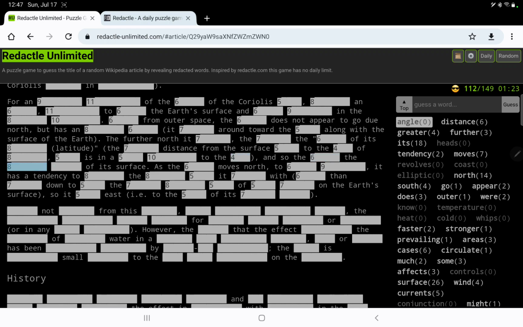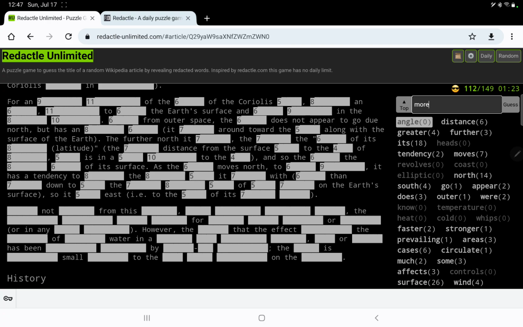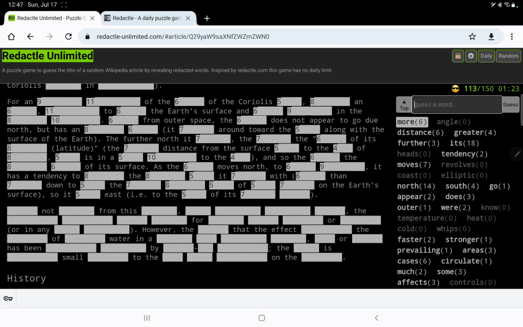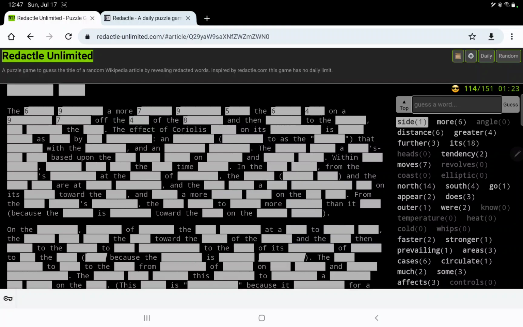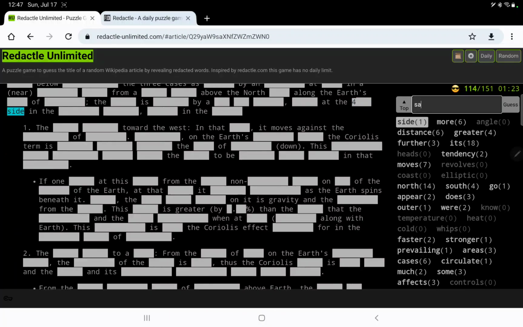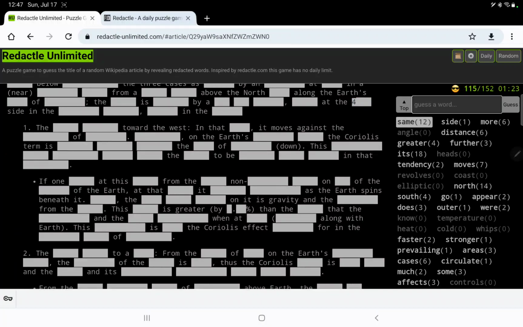And so the 6, and so the more, no, there are 6 mores. Off the 4 of the 8 side, no, there is one side. At the same side, no.